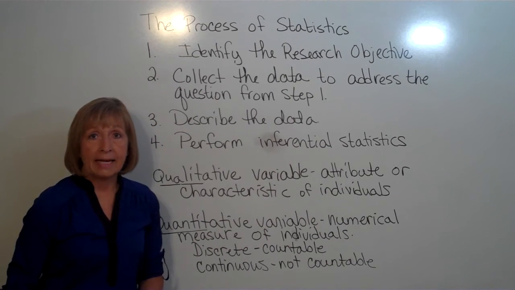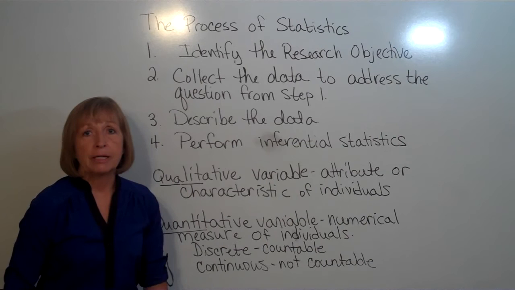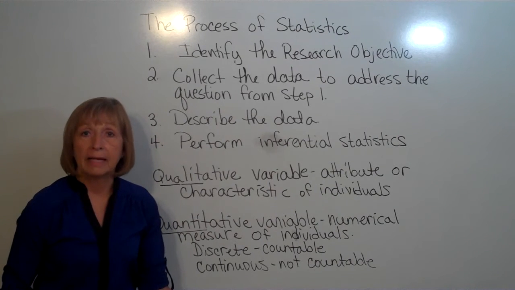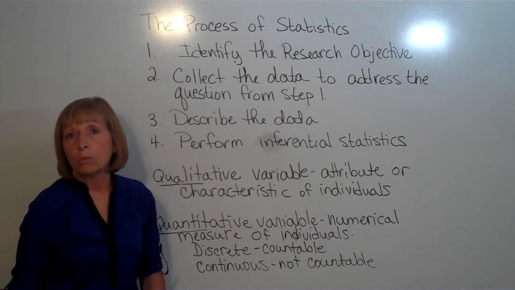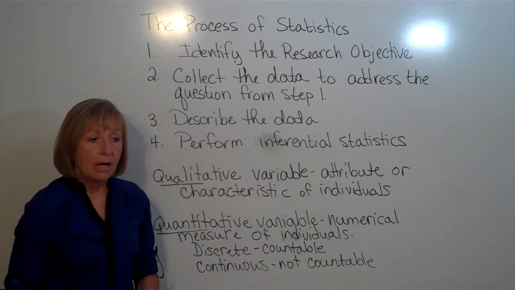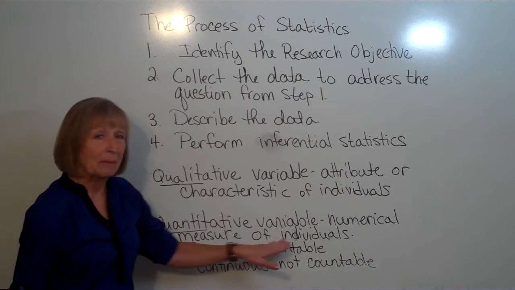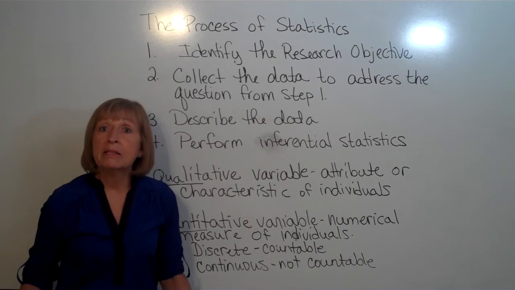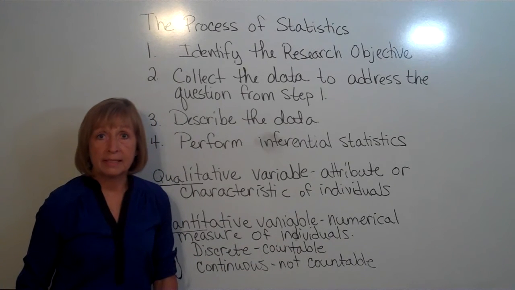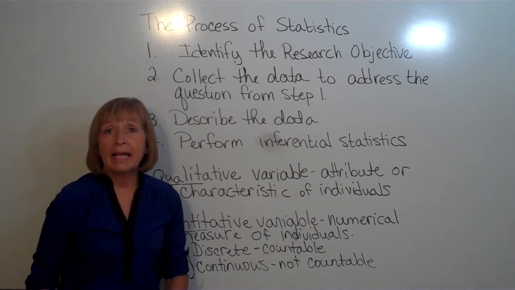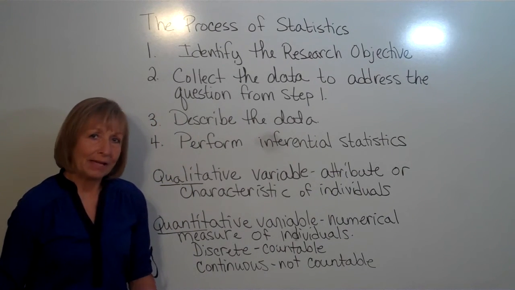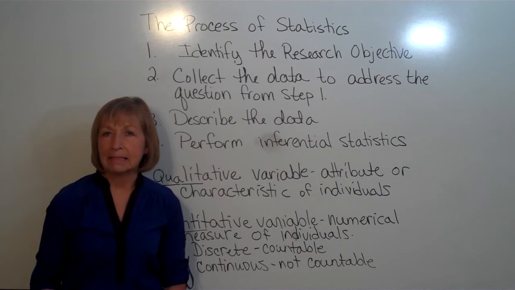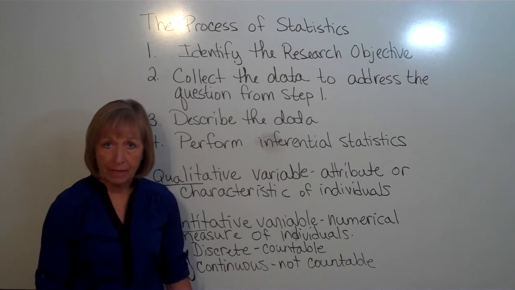So quantitative data would be a measurement, like measuring the weight of the fish or the length of the fish, or looking at somebody's height or weight, or any sorts of things that have a numerical measure that means something. Now, it doesn't mean that all numbers are going to be quantitative variables. If I have a number on a sports jersey, that's just identifying that player. It's not a measurement that's meaningful about that player.